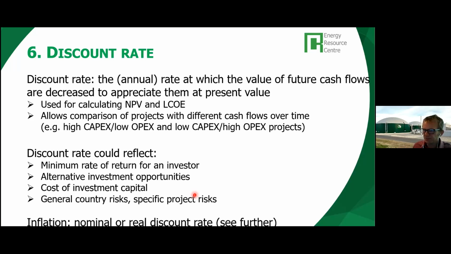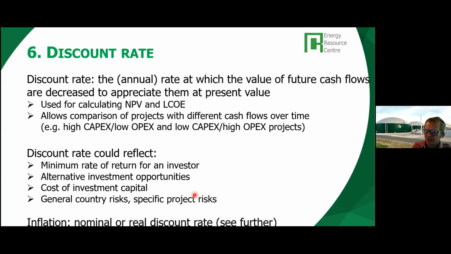Now, choosing a discount rate can be a bit of a tricky thing. It's important to realize what makes a discount rate. What are the factors that should be reflected by a discount rate?